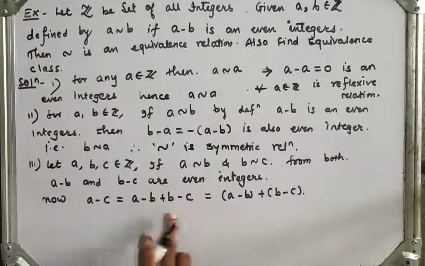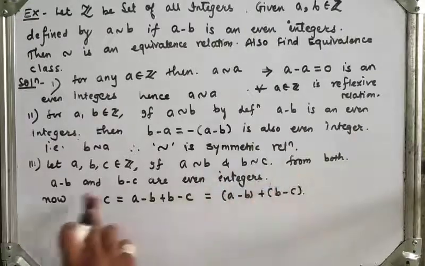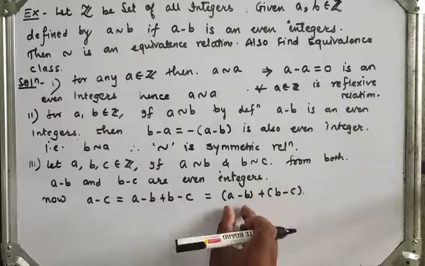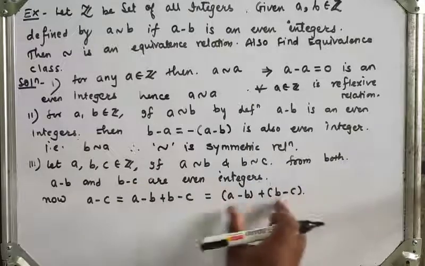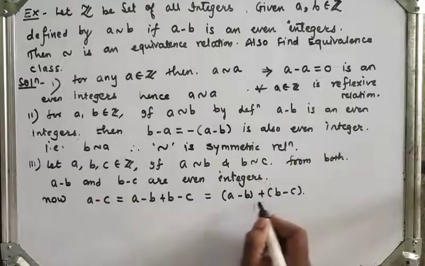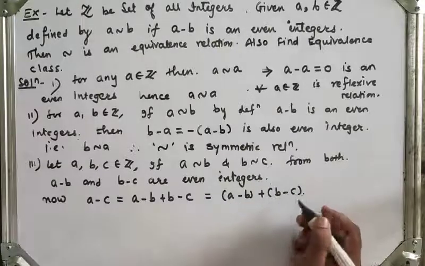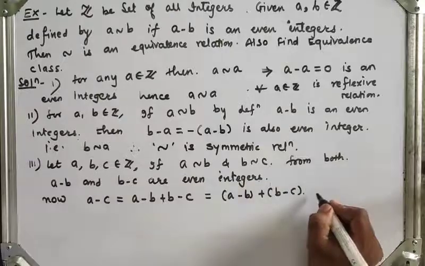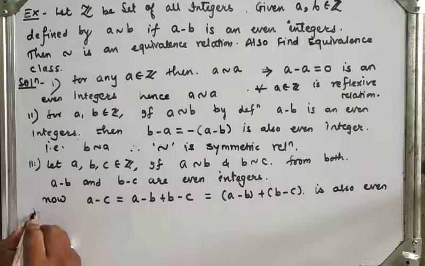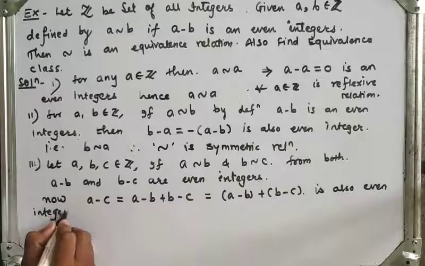So here a minus b and b minus c are both even integers, so their addition is again an even integer. So a minus b plus b minus c is also an even integer.